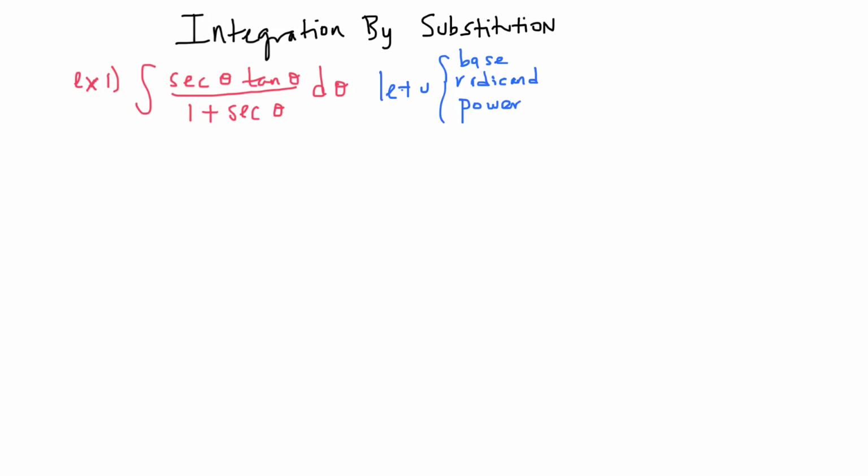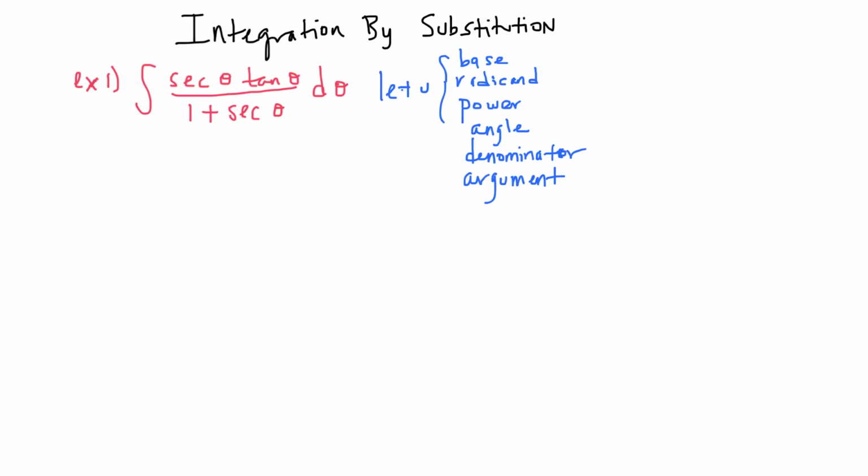U could be an angle, and u could be the denominator of something, a rational expression. And sometimes we let u be the argument. For instance, if you have ln of something, you let u be that something.